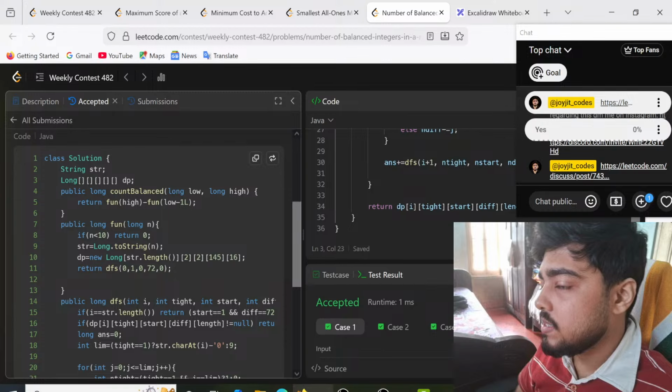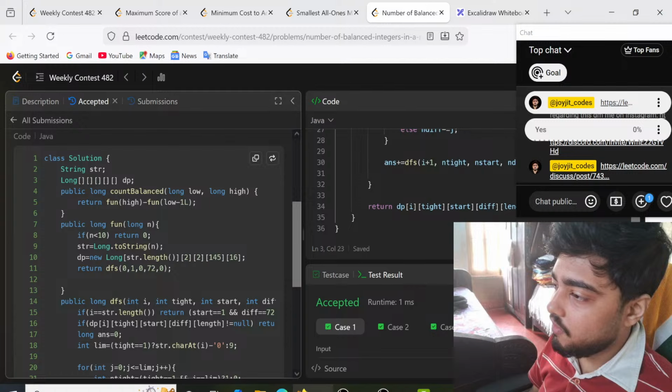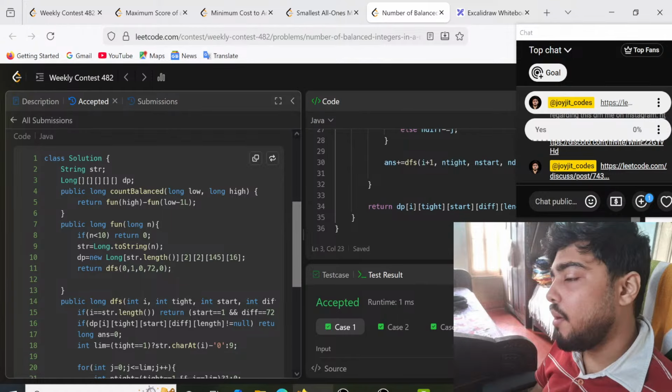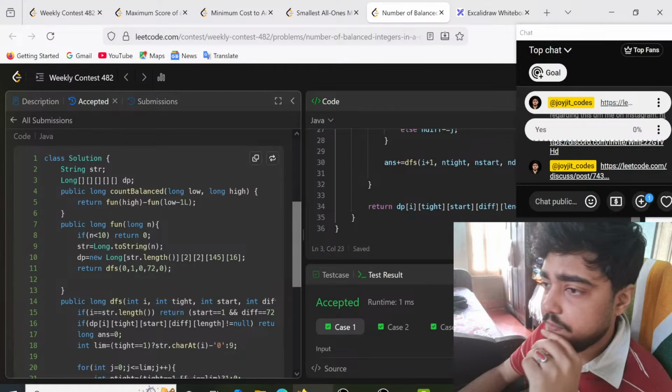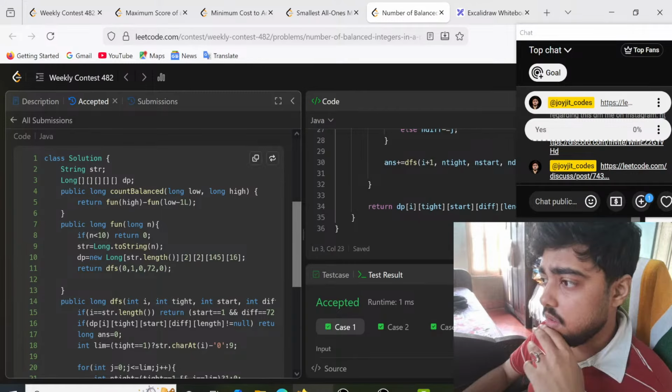So fun of high minus fun of low minus 1. Now the point is that you can't traverse throughout the whole array. Brute force is never an option for this because high and low can be 10 to the power 15. So it can be like we go from 0 to 10 to the 15. So it's highly possible, and for that case, we can't do this.